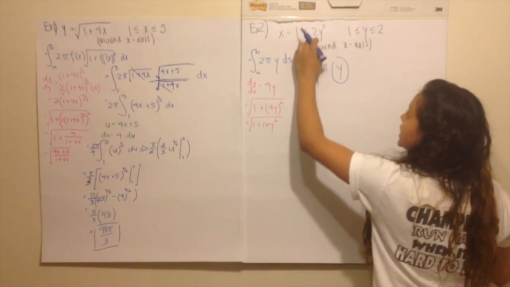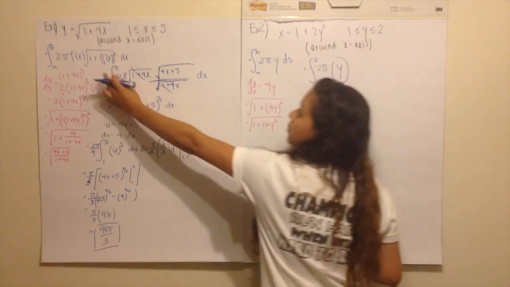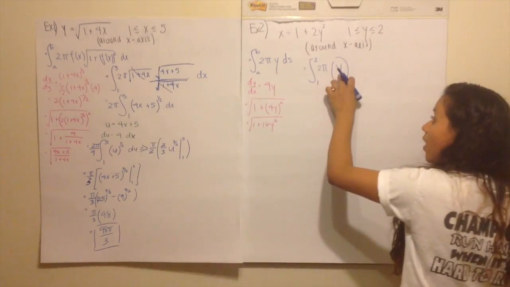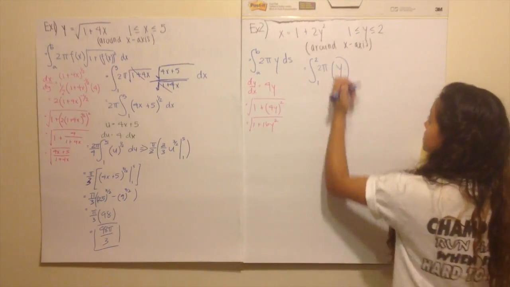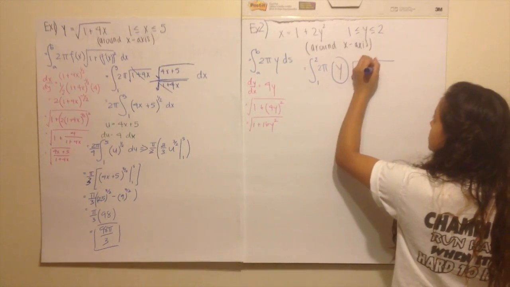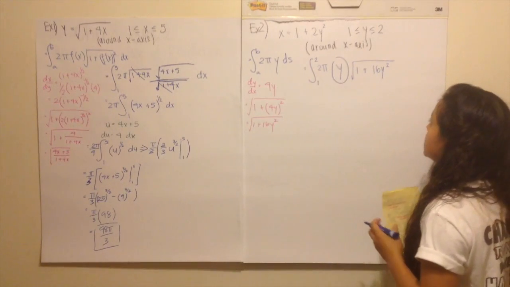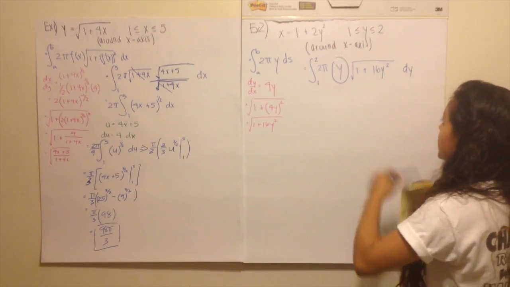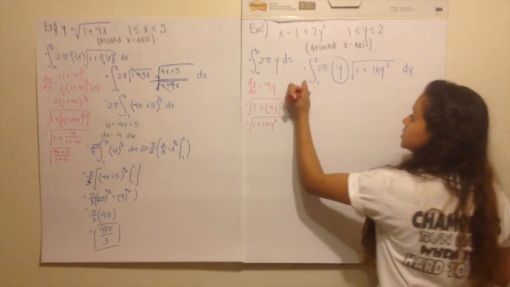As you can see, we don't plug in the function. We leave it as y. Right here, we would plug in the function because it was f of x. But here, we just leave it y, because it's in terms of y. So we just put back in our arc length, 1 plus 16y squared, dy.